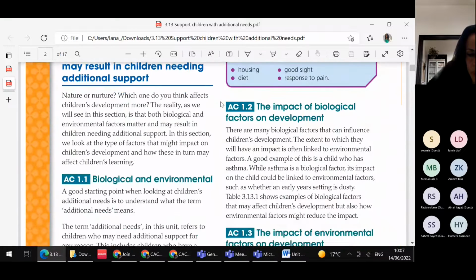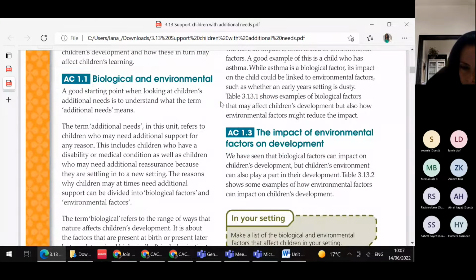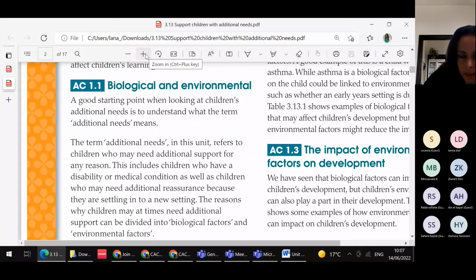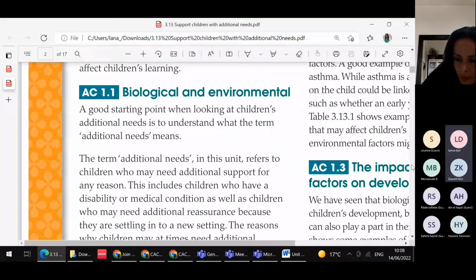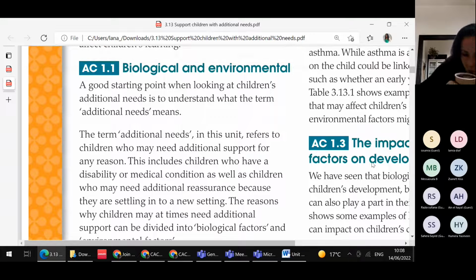So what's the difference between biological and environmental? Can you all see my screen? Yeah, okay, excellent. Can anyone tell me what's the difference?